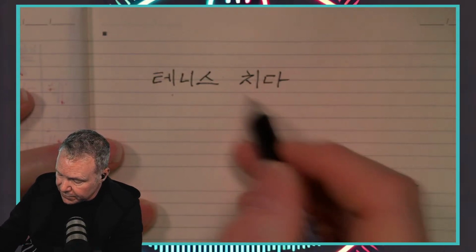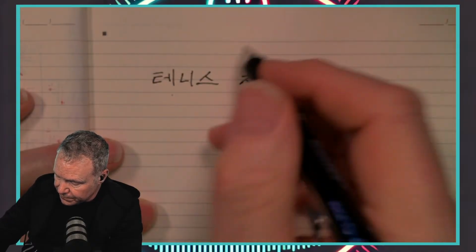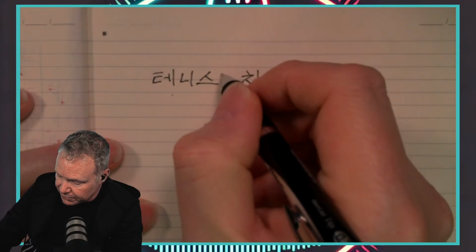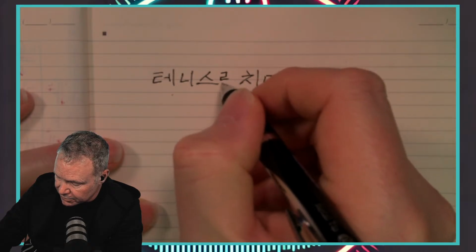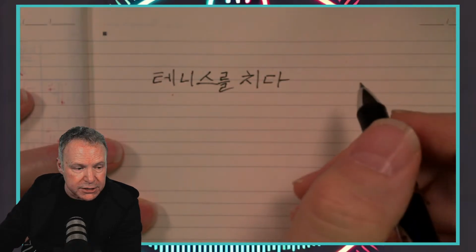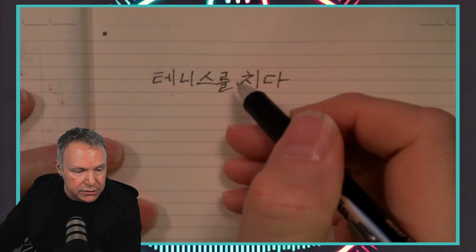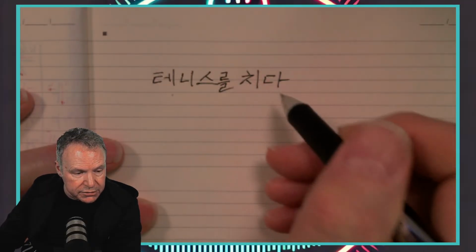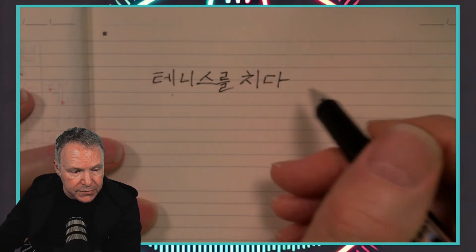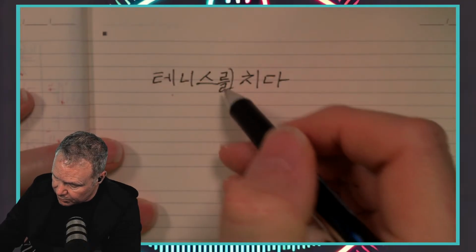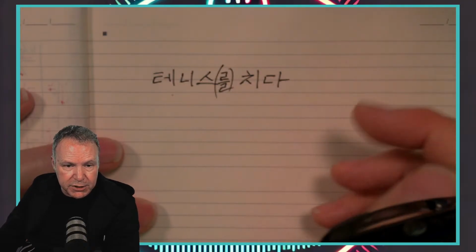Now, this is the infinitive, 테니스 치다, and if we want to be thorough here, we're going to put our object marker on the end here. 테니스를 쳐요. 테니스를 치다. We'll put that in parentheses because it could be dropped.